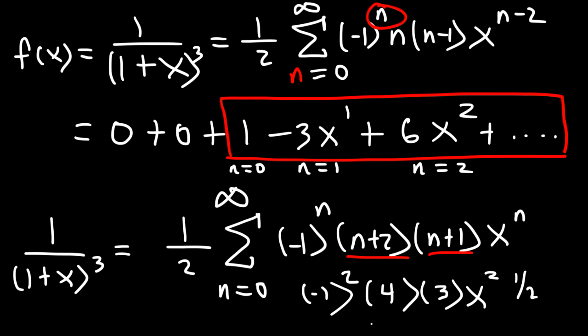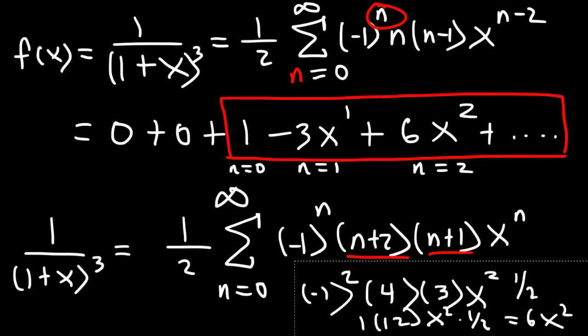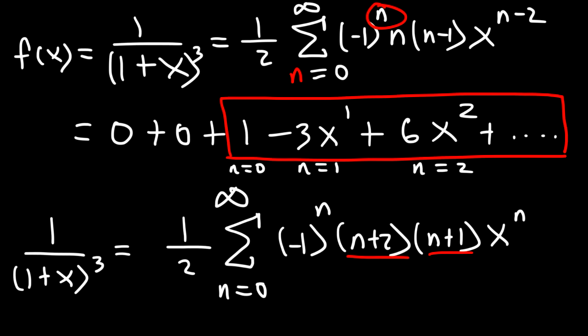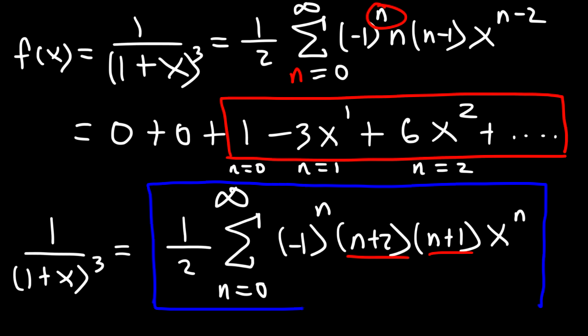So negative 1 squared is 1, 4 times 3 is 12, and half of 12 is 6. So we're going to get positive 6x squared. So it gives us the exact same series, just without the two zeros. And so this is our answer. So that's the power series representation for the function 1 over 1 plus x to the third power.